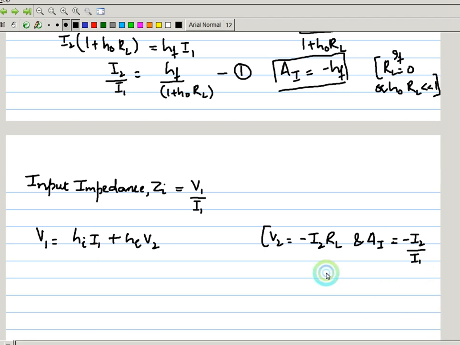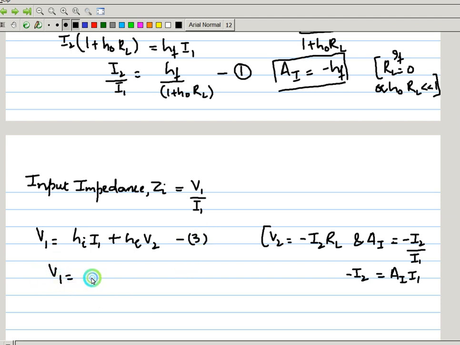So this means minus I2 will be equal to Ai, that is the current gain, into I1. So we'll use these two formulas and substitute them in equation third.